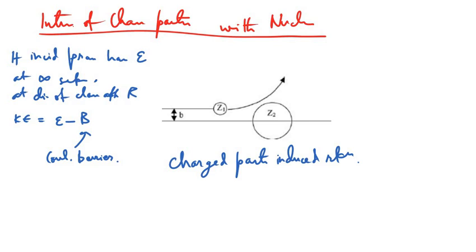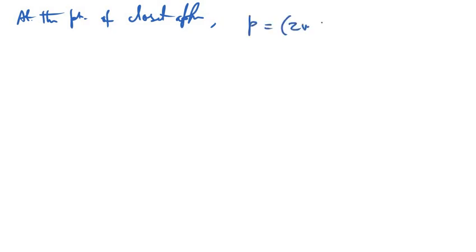Now, at the point of closest approach, the momentum p of the projectile is basically (2mT) to the power half.